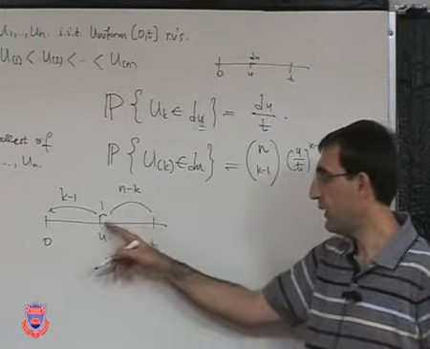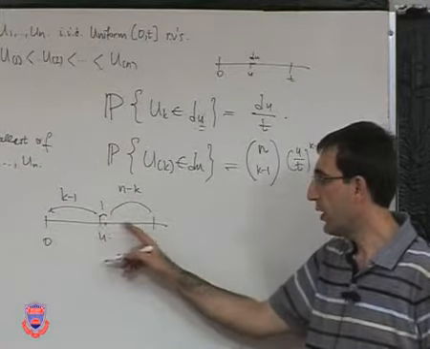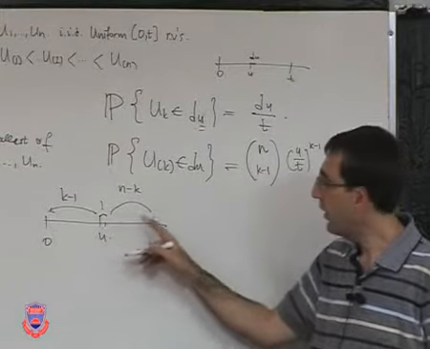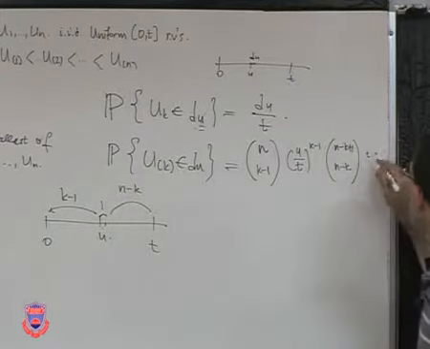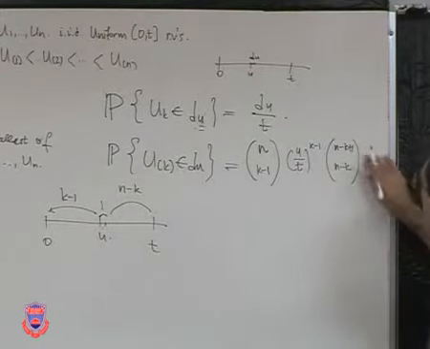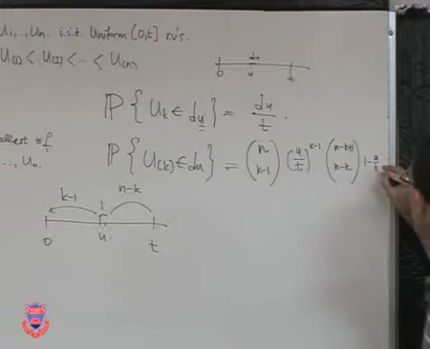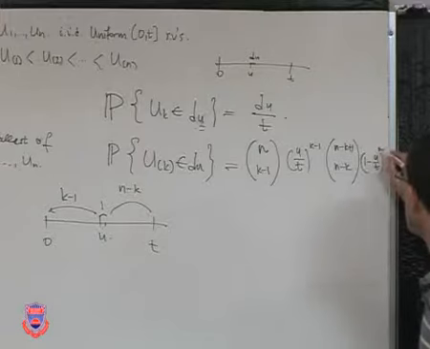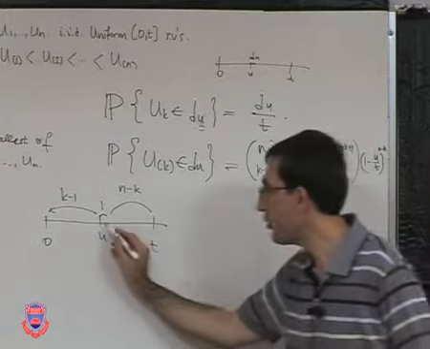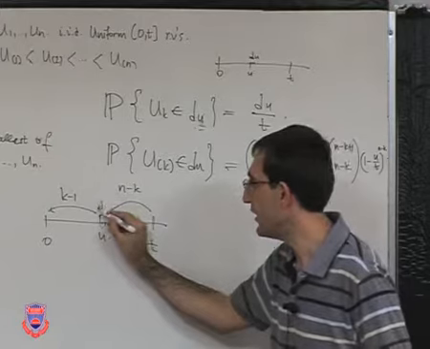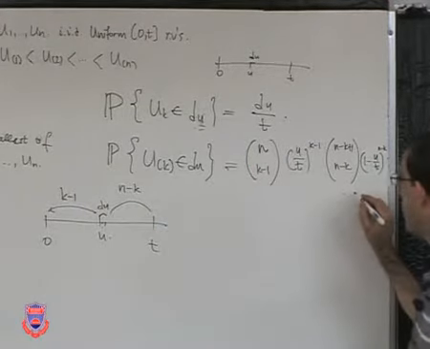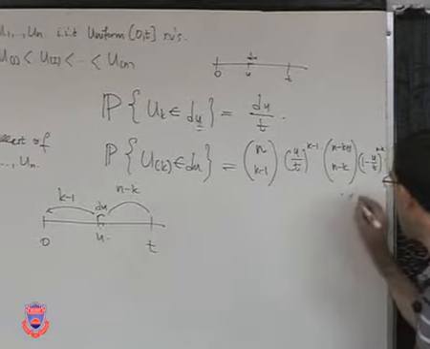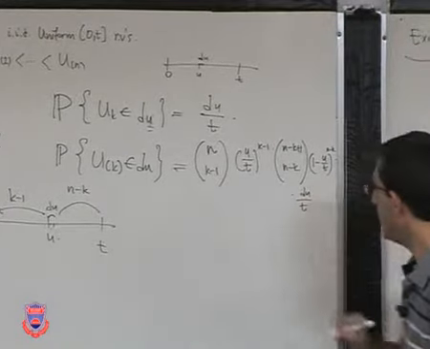So the probability that any one of them is going to be in this interval is proportional to the length of that interval, which is t minus u. T minus u divided by t gives you 1 minus u over t, to the power n minus k. And one of them should be right in this interval, which has length du, and that can happen with probability du divided by t.